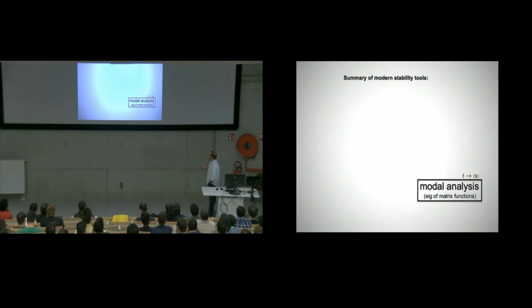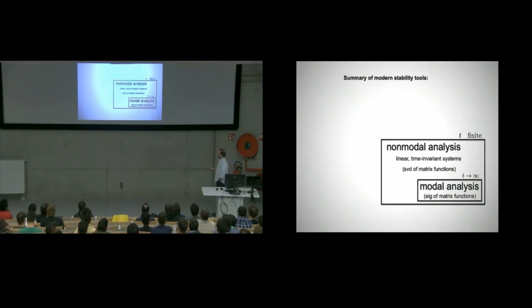So that's modal analysis. The next more general thing is non-modal analysis. You have a finite time horizon, which already makes more sense, but you can only apply it to linear time invariant systems, and you replace the eigenvalues by the singular values of the same matrix functions: the matrix exponential, or the resolvent, or many other ones that you can use. So that's already a generalization.